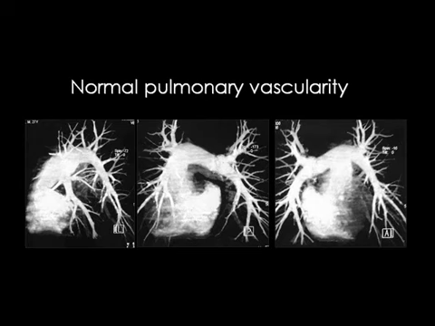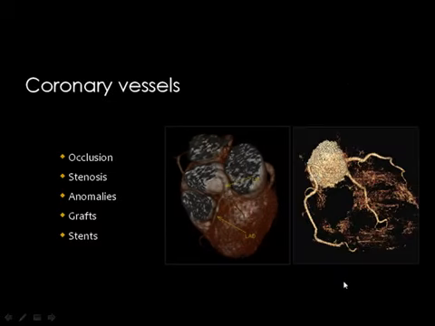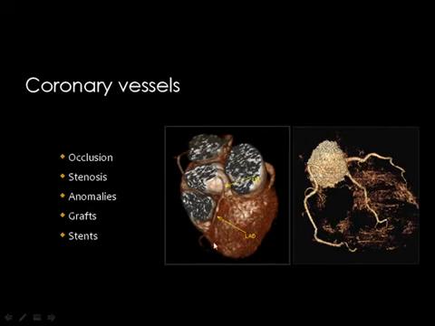Then you can remove all these structures and you are left with only the pulmonary artery and its branches for easier assessment. And this is the CT scan of the heart reconstructed in a 3D way, and you can see the coronary branches, and you can even remove the heart itself from the image, so you are left with the coronary branches.